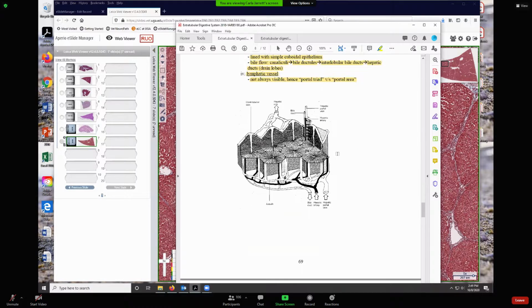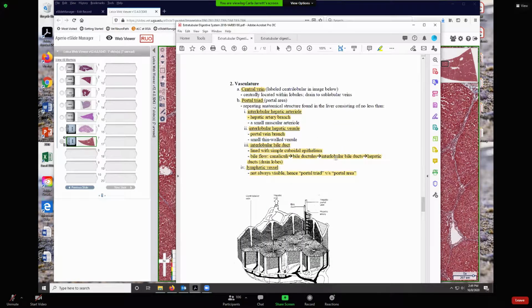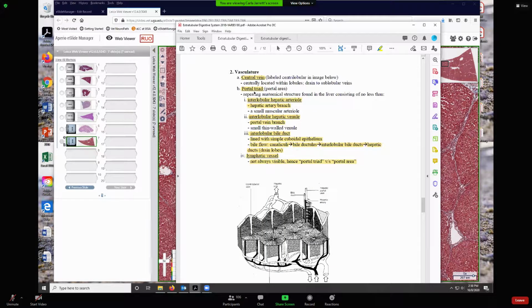All right. So that blood flow into, let's see, central vein, that's draining out. Okay, portal. So the blood flow coming in is delivered by branches of the hepatic artery and branches of the hepatic portal vein. So we're bringing in oxygenated blood, and we're bringing in deoxygenated blood that we drained from all of the intestinal tract, and that's the hepatic portal vein.